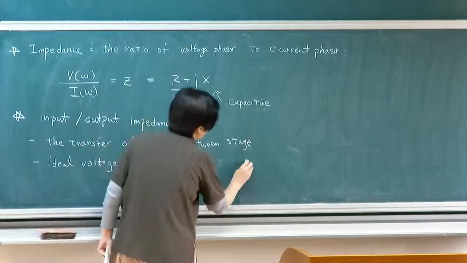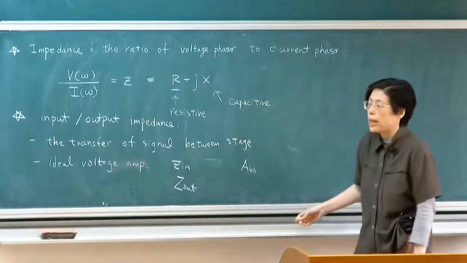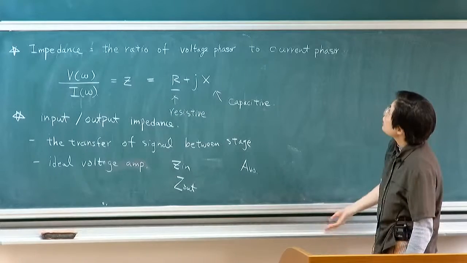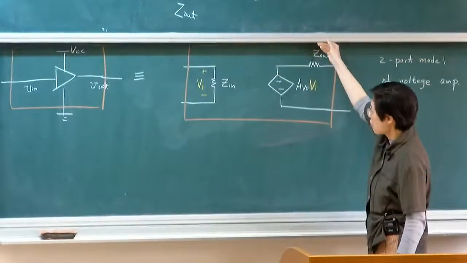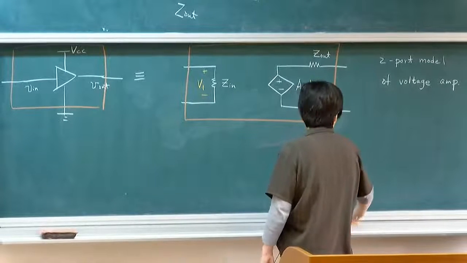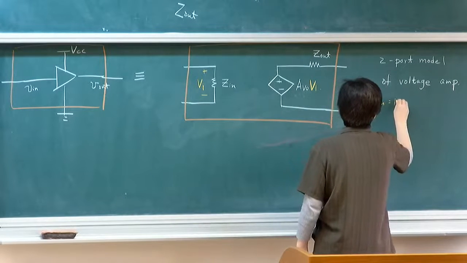Of course, ideally you want infinite, as high as possible. These are the three important parameters. Let me write it down. Three important parameters. Vin is the input impedance.